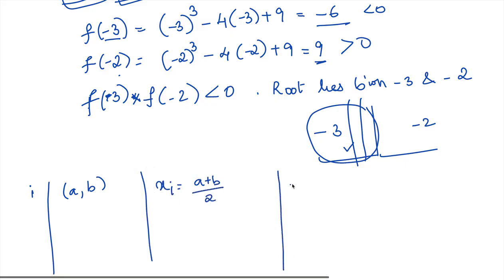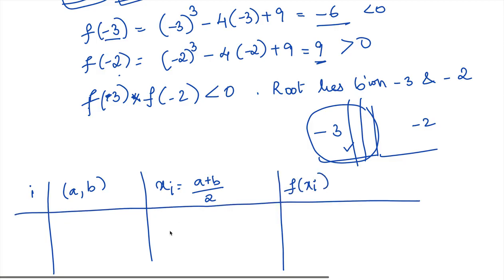Then we have f of xi. So in the first step, our interval is minus 3 and minus 2. Minus 3 was giving us less than 0. Minus 2 was giving us greater than 0, right? F of minus 3 was less than 0 and f of minus 2 was greater than 0.